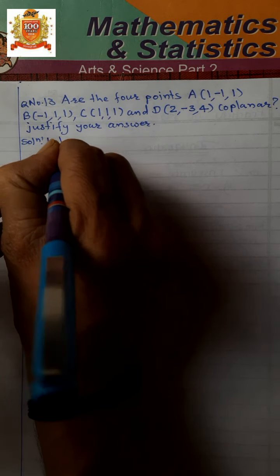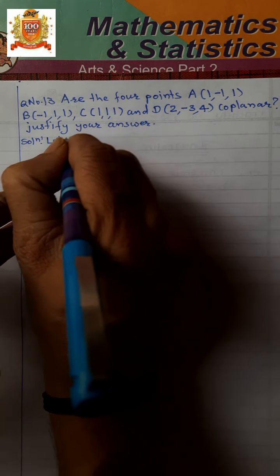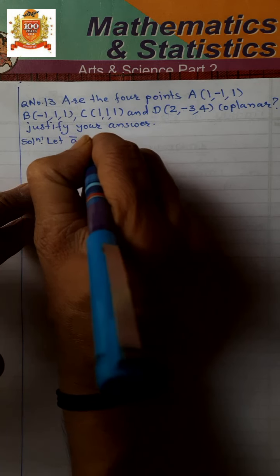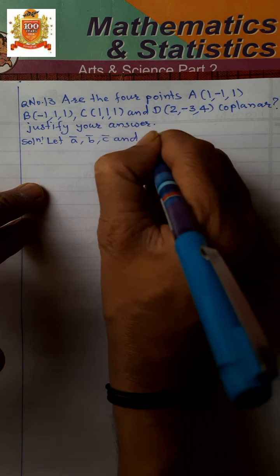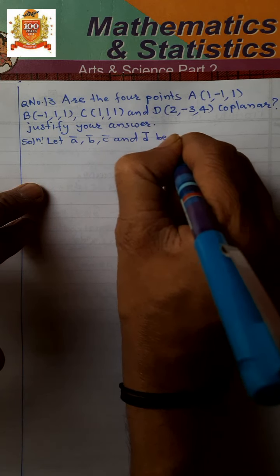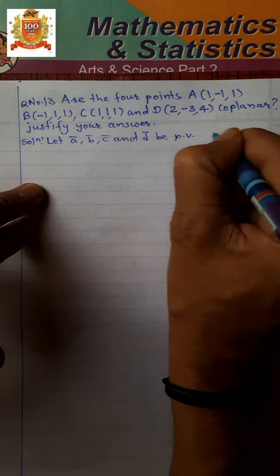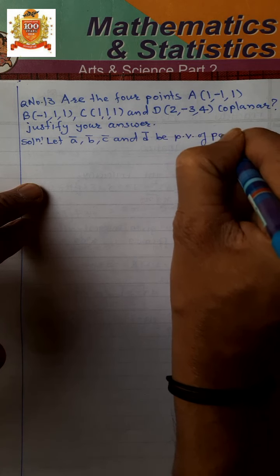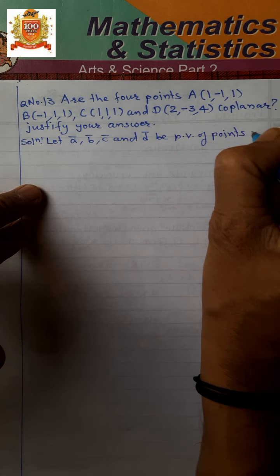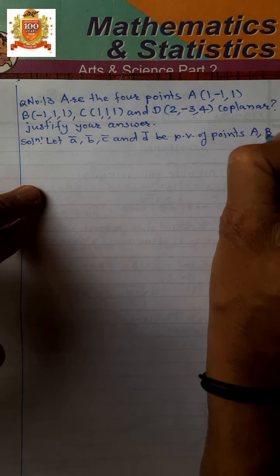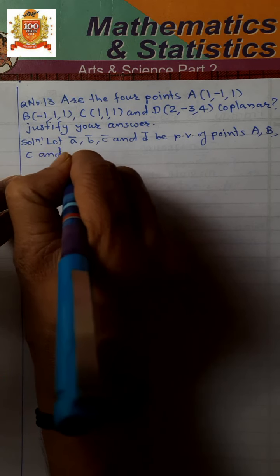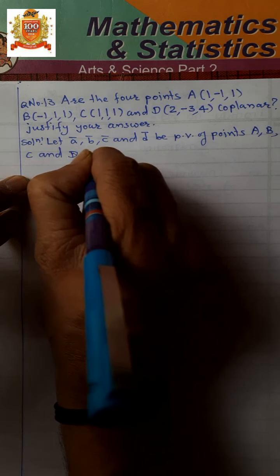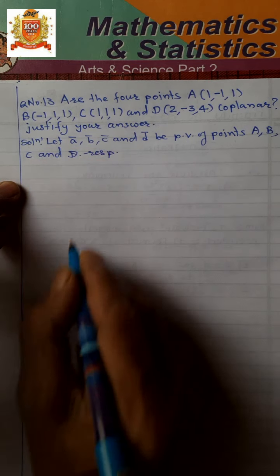Let A bar, B bar, C bar and D bar be position vectors of points A, B, C and D respectively.